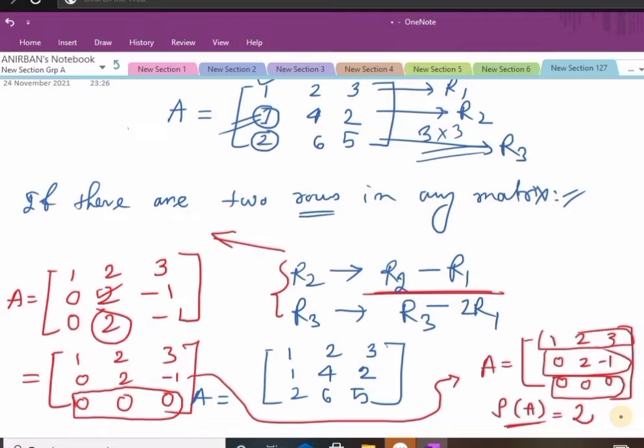So this is the discussion of how you can apply elementary row and column operations to determine the rank of matrices. Also, you can determine the rank of matrices by different methods, but this type of operation is very helpful when you don't have a particular square matrix.